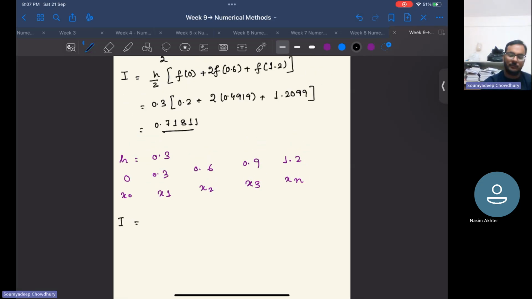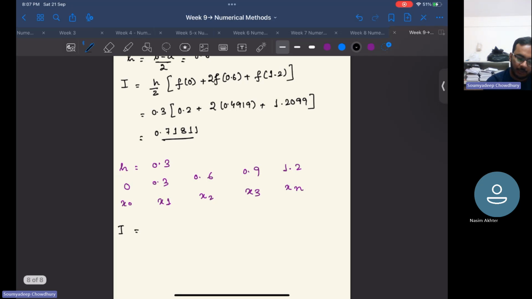So now what will be my I? Can you tell me, Nasim, what will be the formula here? h upon 2 bracket f of 0 plus 2 times, like even numbers, not even.